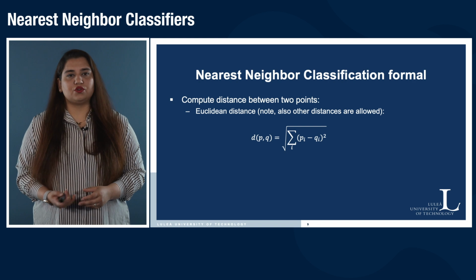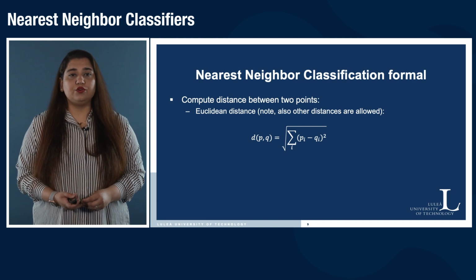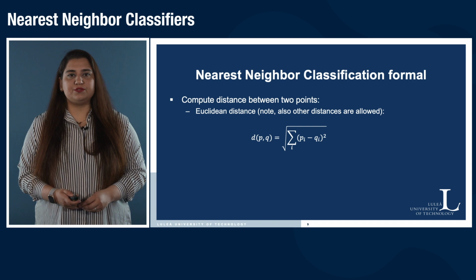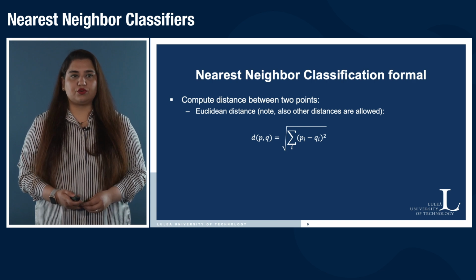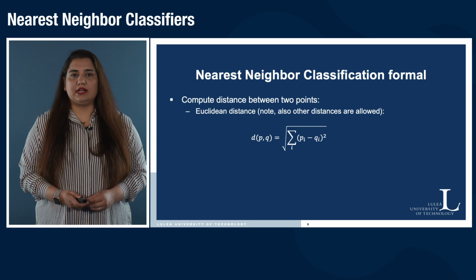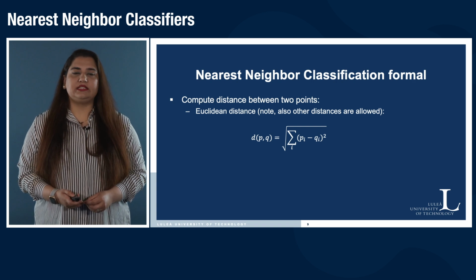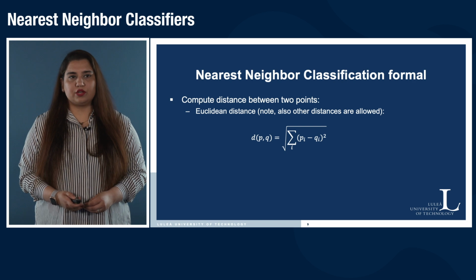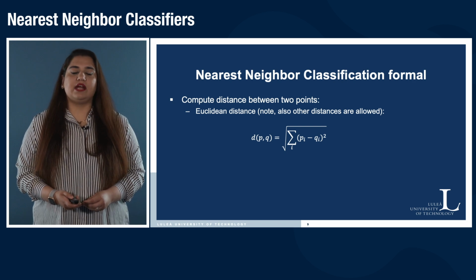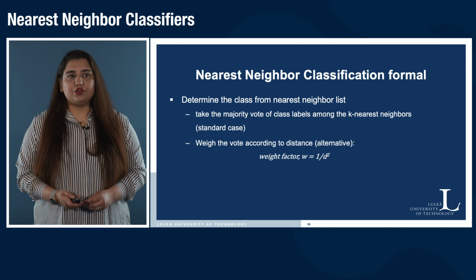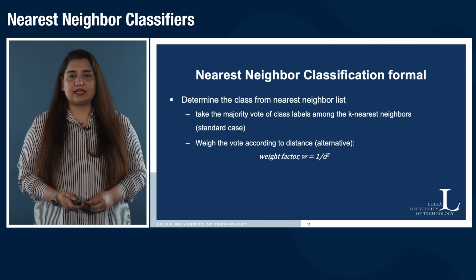Theoretically, we just saw it, but mathematically we use the Euclidean distance formula to compute whether 2 different objects lie closer to each other or not, determined by measuring the distance between them. That is a simple formula. We basically take the square root of the squared differences of both of their coordinates in the graph, and we identify their placing there. And we take the majority vote of class label among the k nearest neighbors.